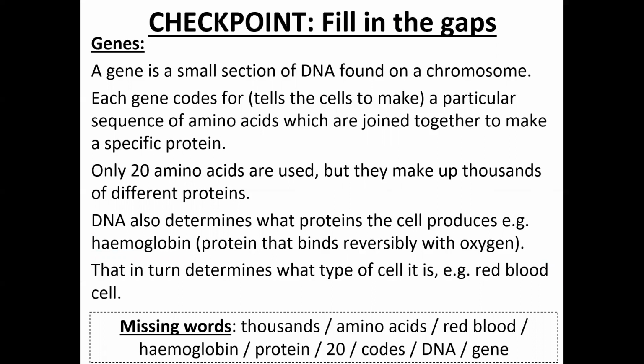So the genes that are expressed, in other words, the genes which are used to make proteins in a cell, will determine what type of cell it is. So if the gene is expressed for hemoglobin and that cell produces hemoglobin, we know therefore it is a red blood cell.